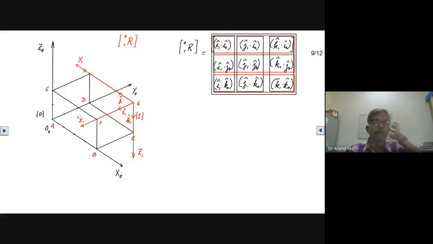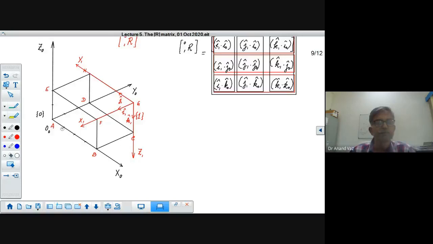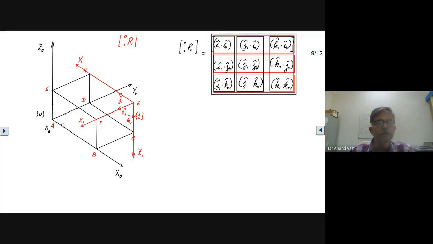And here we have unit vectors I naught, then J naught, and K naught. So let's work out the first element.